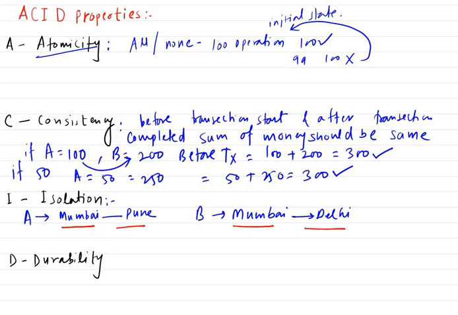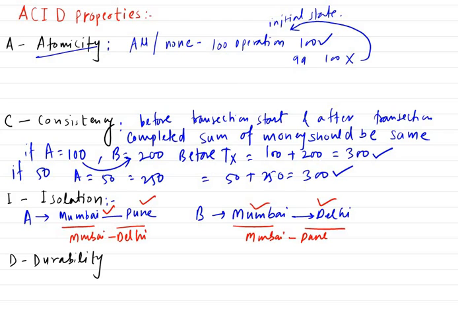It is not possible that A will get Mumbai to Delhi and B will get Mumbai to Pune, though they are operating simultaneously or concurrently at the same time. This is due to the isolation property. All the transactions are isolated from each other while executing at the same time.